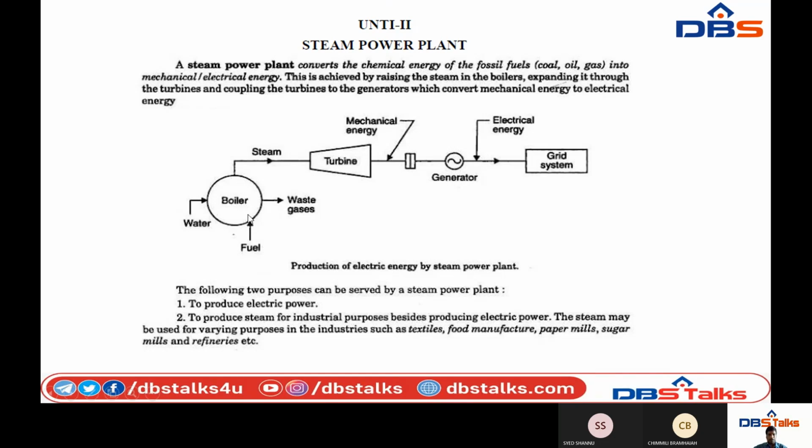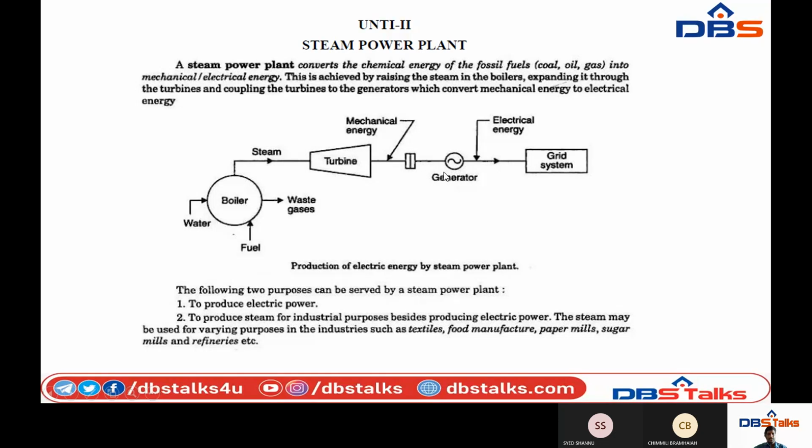First of all, we are supplying the fuel in terms of coal, oil or gas to the boilers, raising the steam. After raising the steam in the boilers, it expands through the turbine.